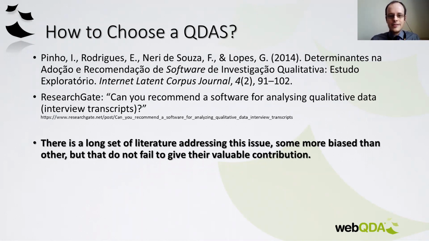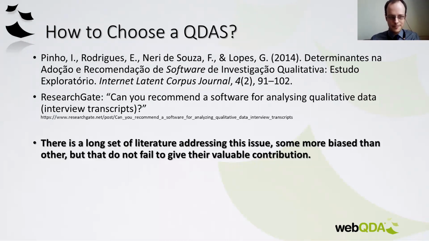Well, to answer a question about qualitative analysis, they did a qualitative research study. They posted in ResearchGate this question: can you recommend a software for analyzing qualitative data, interview transcripts? And they looked at the factors that people commented as the most important things for them.